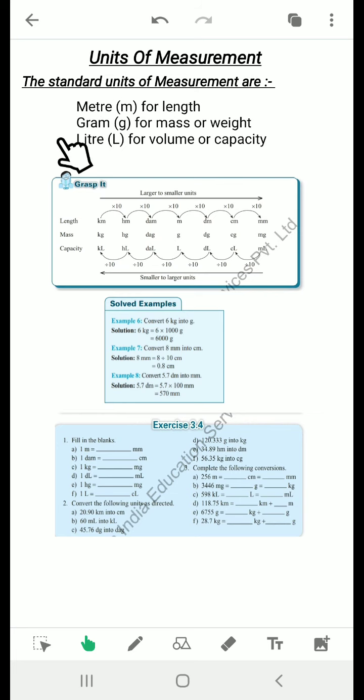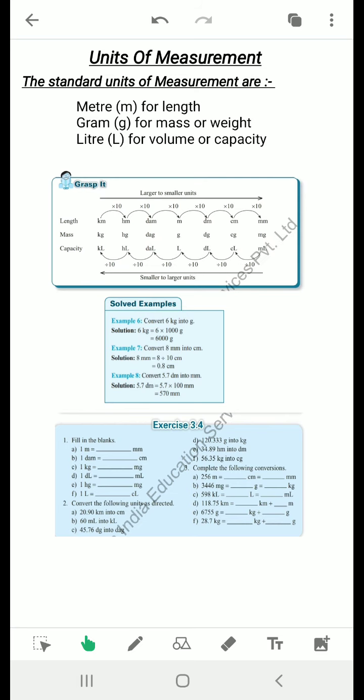Apart from these three standard units, we have lots of other units also, like kilometer, hectometer, decameter, meter, decimeter, centimeter, millimeter. Similarly, kilogram, hectogram, decagram, gram, decigram, centigram, milligram. So you have already learned about these: kilo, hecto, deca, then the standard unit, then deci, centi, milli.